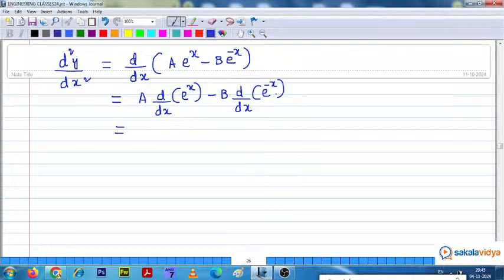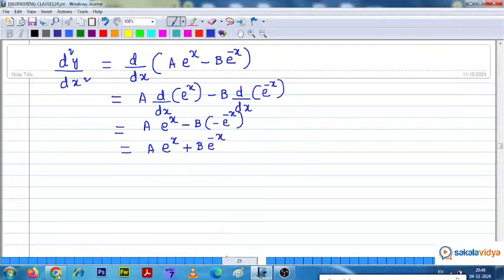And what is the derivative of e power minus x? That is negative e power minus x. So a times e power x, minus b times negative e power negative x. So this can be rewritten as a e power x, negative into negative positive, plus b e power minus x.